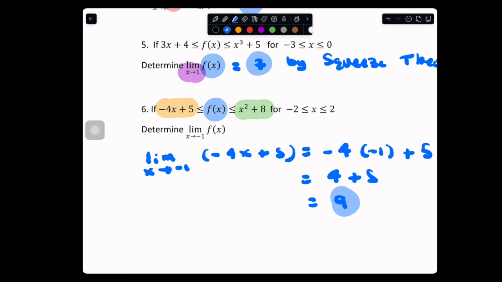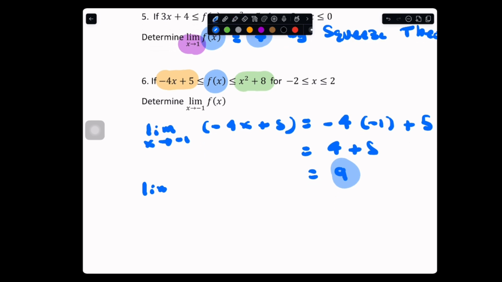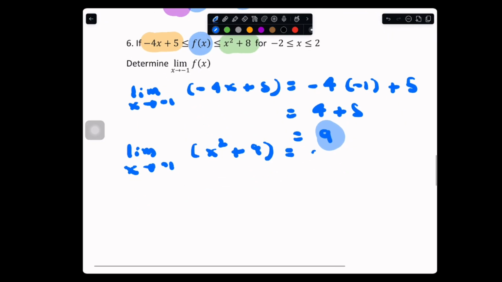All right. Let's look at the limit of the larger function. X goes to negative 1 of the x squared plus 9. Okay. A nice polynomial again. Wow.